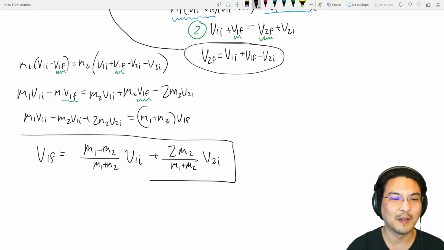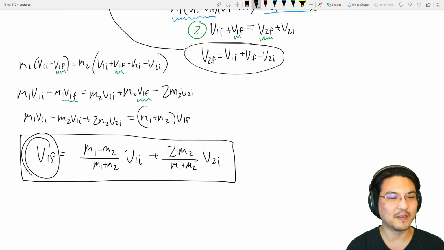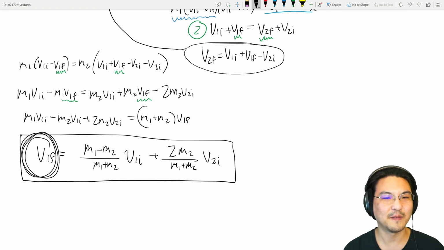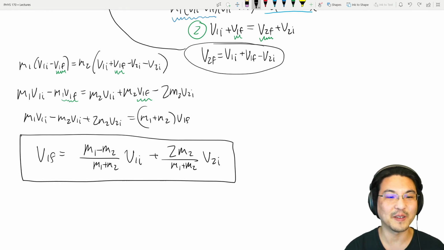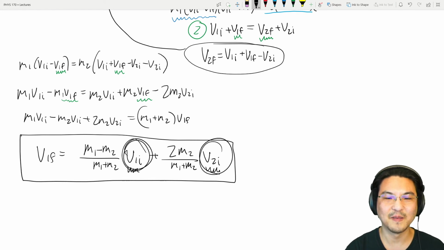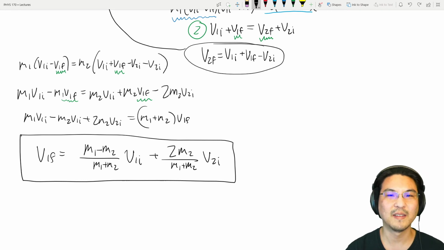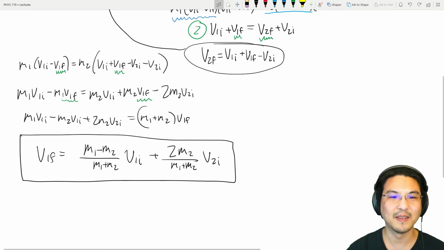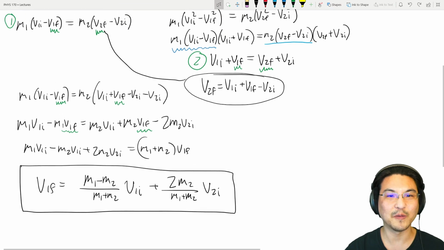So see, the final velocity for block 1 is a function of, right, it depends on the initial velocities and the masses. Okay, now let's try for V2 final.